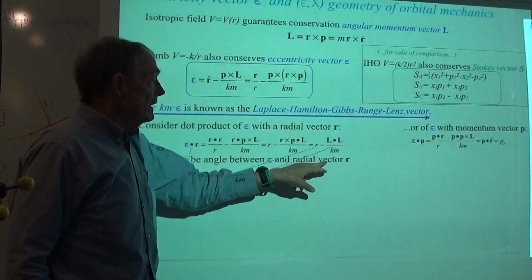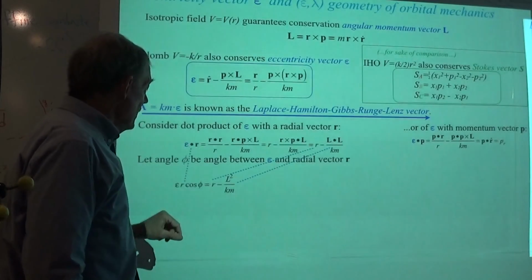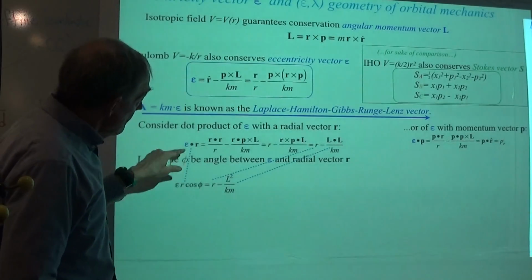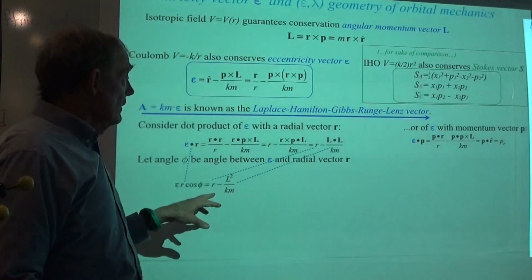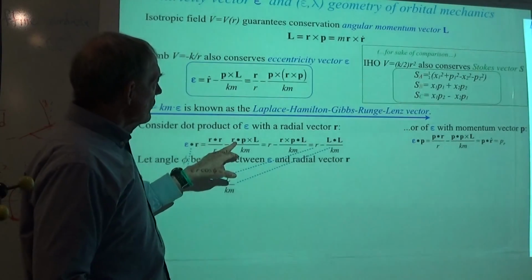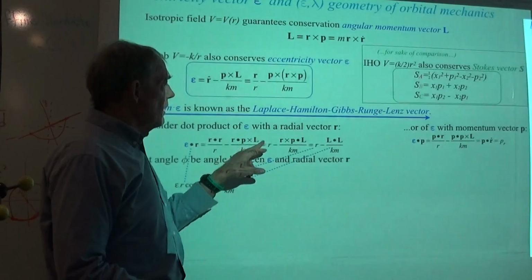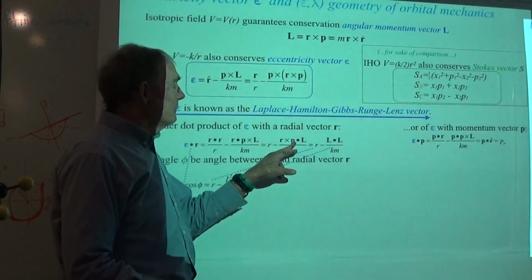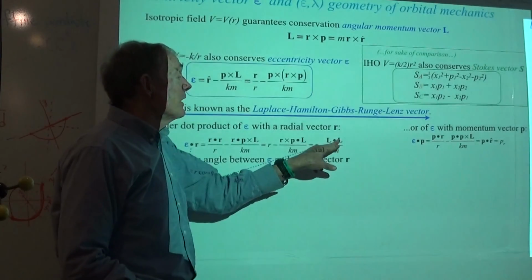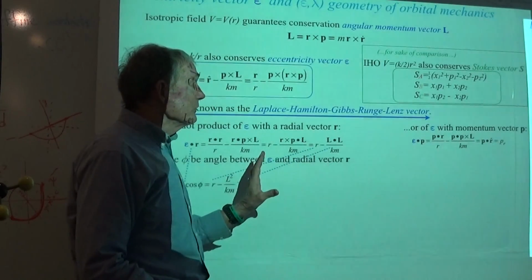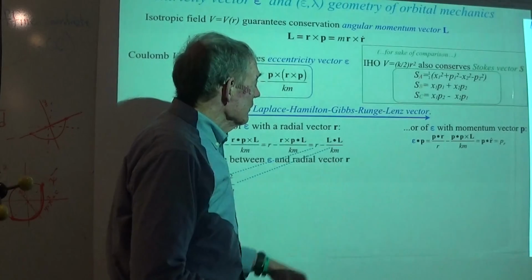It's going to be having a variable epsilon dot r, but I can write it as cosine, that's the dot product, and then while I'm at it, I can switch the dot and the cross here, so I get r cross p dot L. R cross p is L, so this is L dot L, that's L squared, that's a constant. So this particular term right here is a constant.